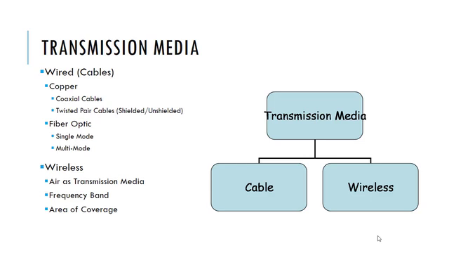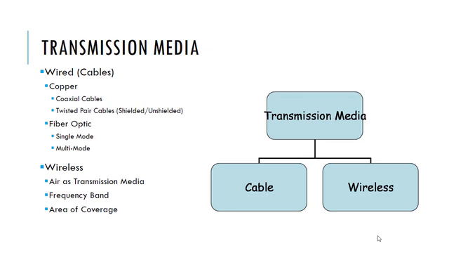The fiber optic cables do not transmit electricity, they transmit light. Light moves in the fiber optic cables in the form of single mode light or multi-mode light. The difference between single mode and multi-mode is in the capacity and the speed of the cable.